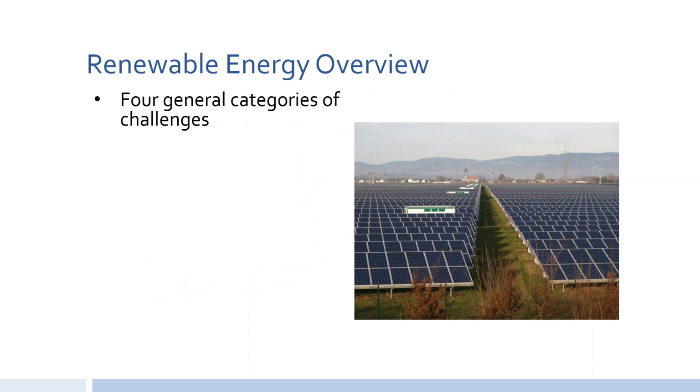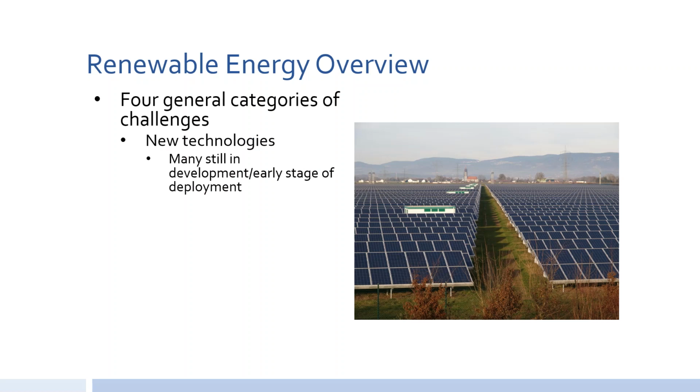So there are four general categories of challenges to renewable energy. First is the new technologies. Many are still in development or the early stage of development. There's also economies of scale. The scale of that is still small. What I mean by economies of scale is if only a few people are purchasing these things, the cost is really high.